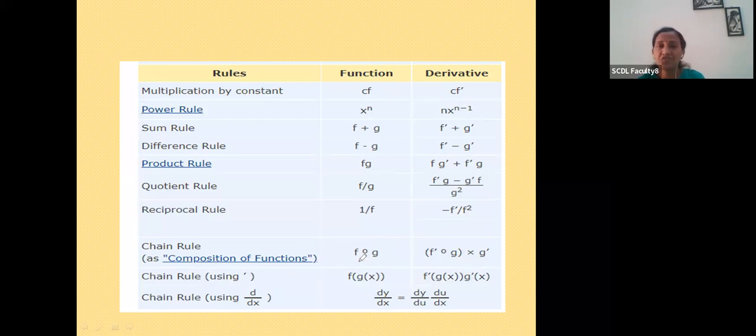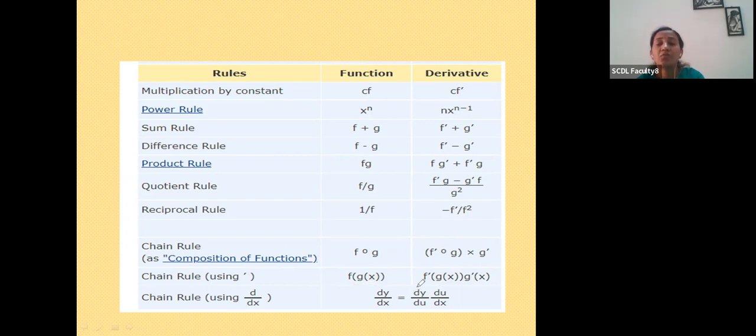First find the derivative of the first term, that is f dash, composed with g, and then find the derivative of the second and just multiply with that. Chain rule using dash: f of g of x.